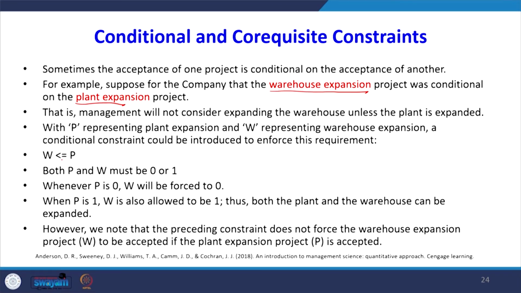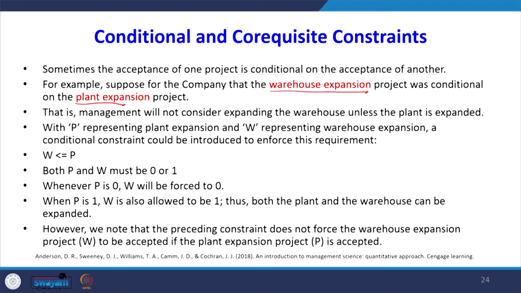What it says is that the warehouse expansion is possible only if you go for plant expansion. Here both P and W must be 0 or 1. Whenever P is 0, that is, if the plant expansion is not taking place, W will also be forced to 0. If P equal to 1, W is also allowed to be 1, but it can be 0 also. Thus, both the plant and the warehouse can be expanded.